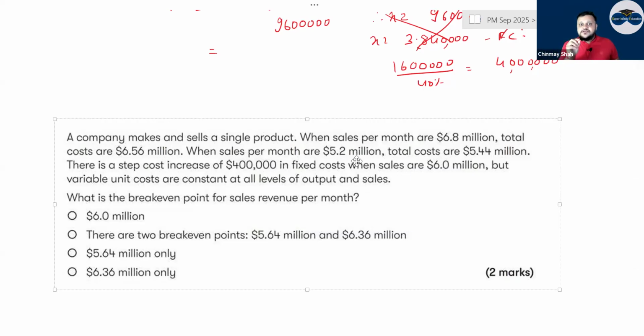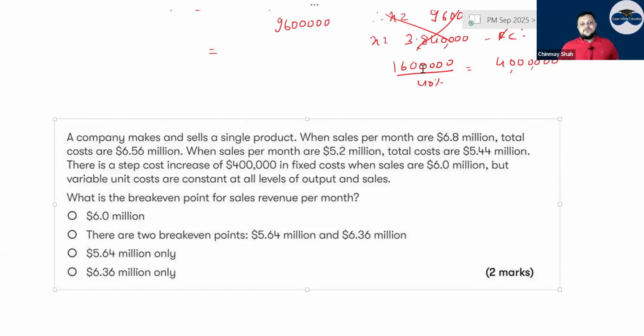There is a step cost increase of 400,000 in fixed cost when sales are $6 million, but variable unit costs are constant at all levels of output and sales. If you go above 6 million, you will have extra step fixed cost.